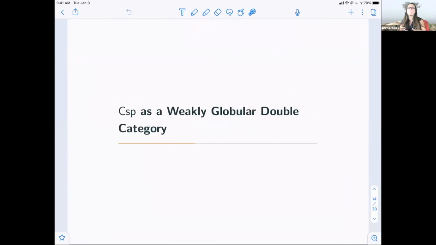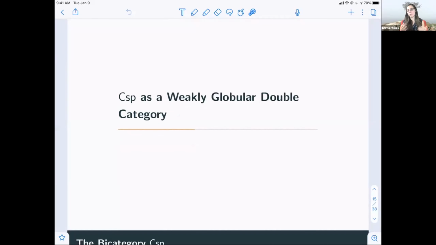But what we want to do is to come up with a model of structured cospans in terms of weakly globular double categories. So we could look at the double category of marked paths, but what we've been trying to do is to develop an equivalent weakly globular double category where it's a little bit more transparent that we're dealing with cospans, and with the idea that we might be able to exploit the structured cospan model a bit more, or that we might be able to look at it in higher dimensions.